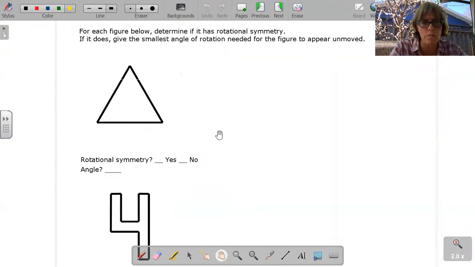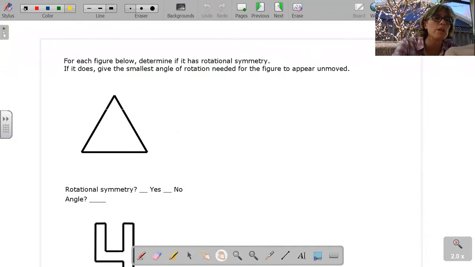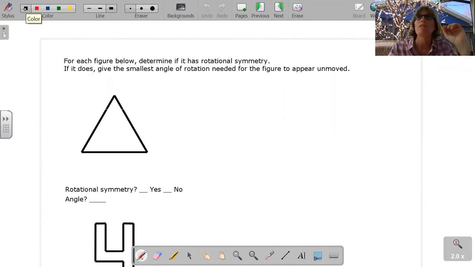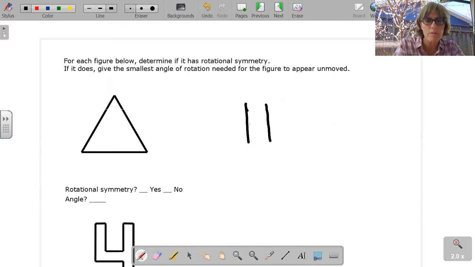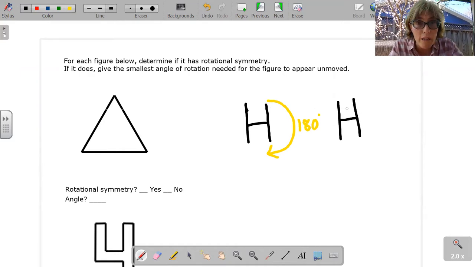What is rotational symmetry? Rotational symmetry means you can rotate less than a full circle and get the same image. For example, in a standard letter H, I can rotate only 180 degrees, and I have the same letter H. So the letter H does have rotational symmetry.